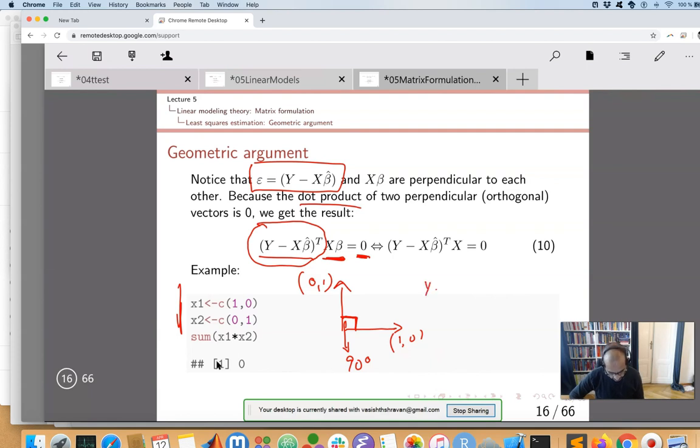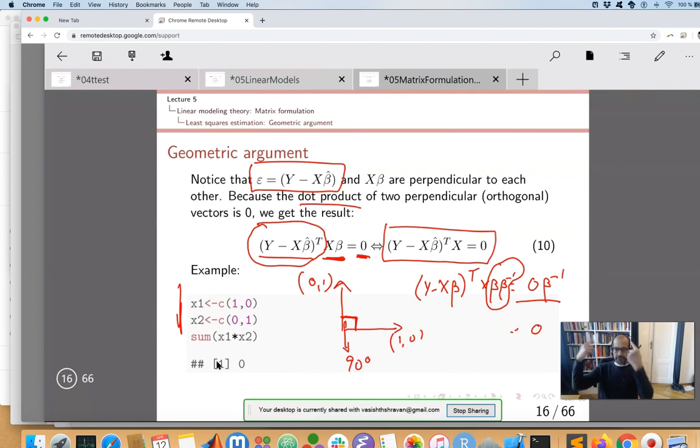If I have y minus x beta transpose multiplied with x beta equal to 0, I multiply both sides with beta inverse. 0 times beta inverse is 0, and multiplying any matrix with its inverse gives you essentially the equivalent of the number 1. So I can eliminate the beta, and that's what I've done here.